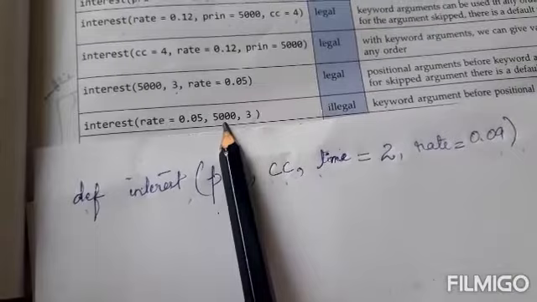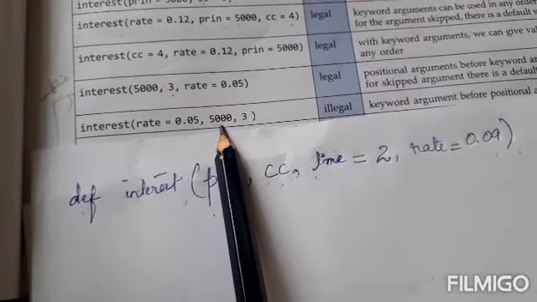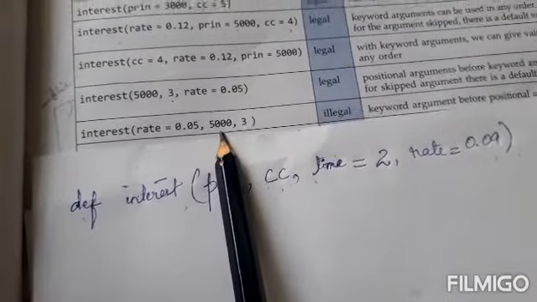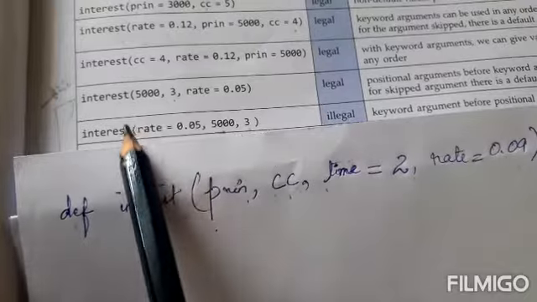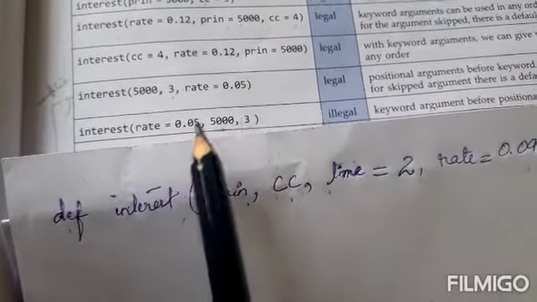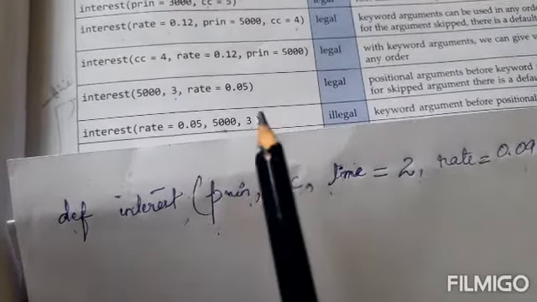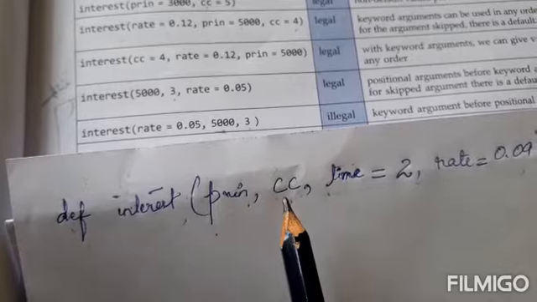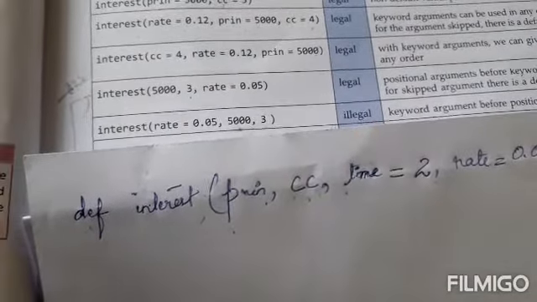They are the positional parameters. The simple rule that you need to follow is, whenever you have a positional parameter, it has to be assigned first. So 5000 will come first, followed by 3, followed by rate. Then only 5000 will be assigned to principal, and this 3 will be assigned to CC. So in this case, this is illegal. There will be an error.